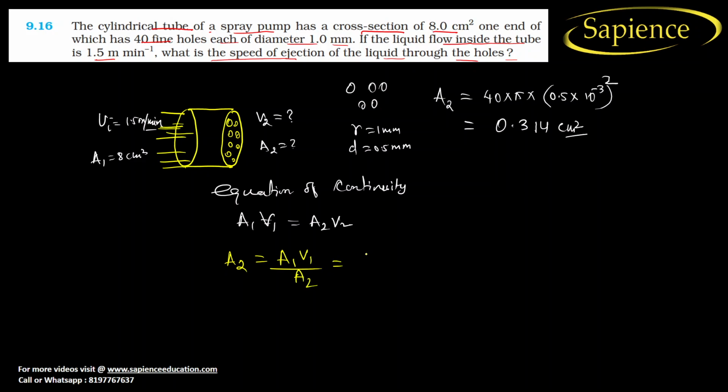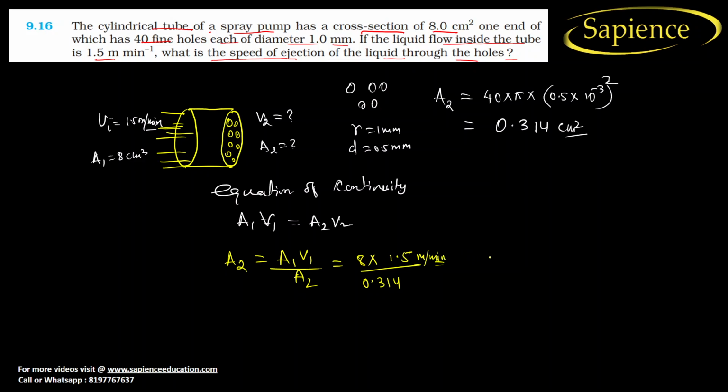Putting A1 equal to 8, V1 equal to 1.5 meter per minute, divided by 0.314, the centimeter squared cancels out and it is in meter per minute.